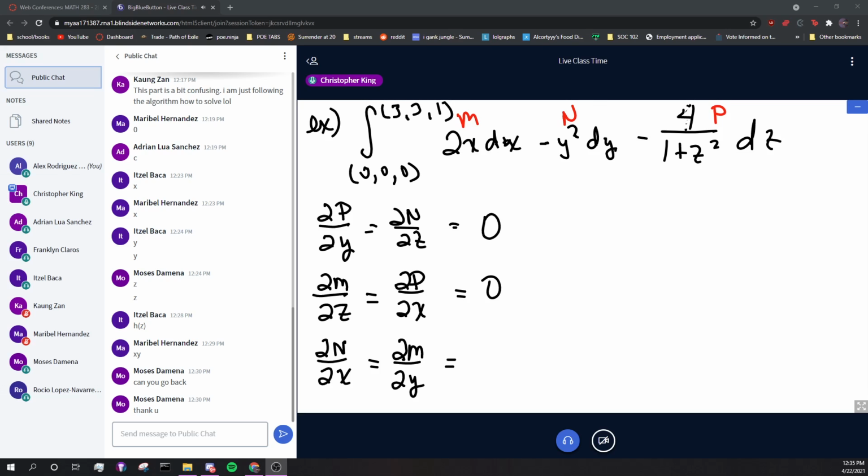Okay. And if I look at that, partial of n in respect to x is 0, partial of m in respect to y is also 0. So they're all 0. Okay? Hopefully I didn't copy that problem wrong. Okay. All right, any questions?